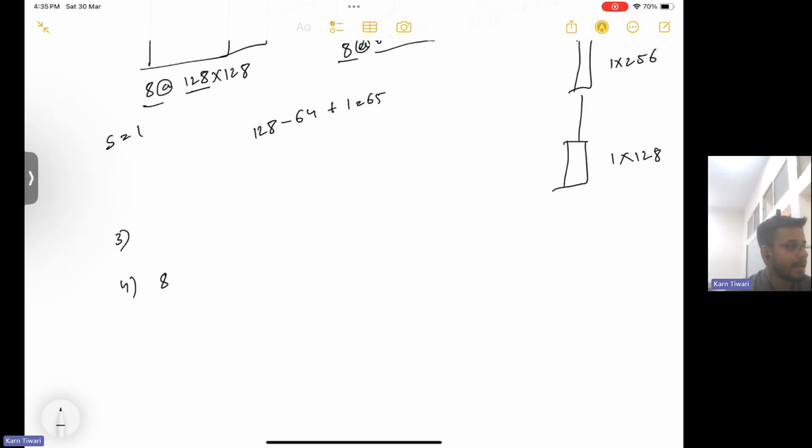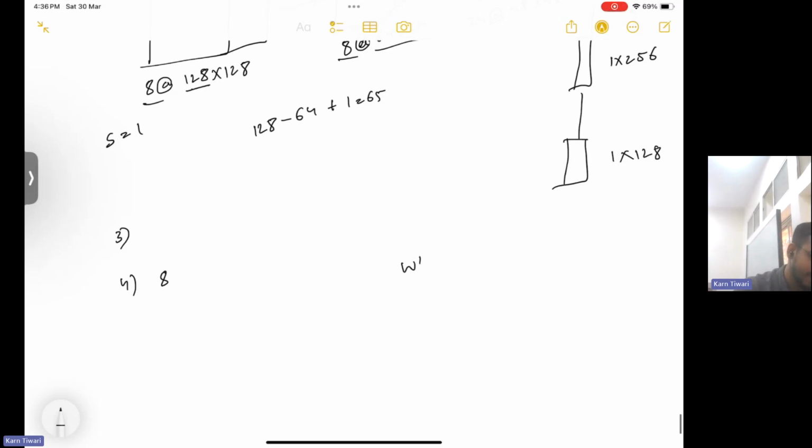What's the dimension of the output layer? So 128 minus 33 plus 1. That's a simple thing. You just need to use W dash equals W minus F plus 2P, divided by S, plus 1. The stride is 1, and padding is not there, so W minus F plus 1. That's the normal thing.